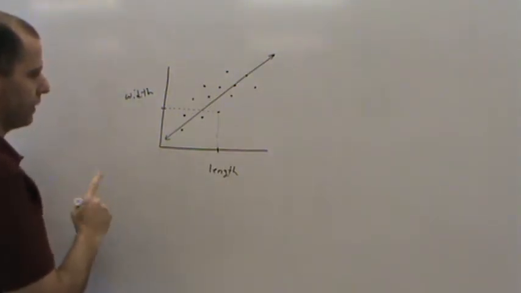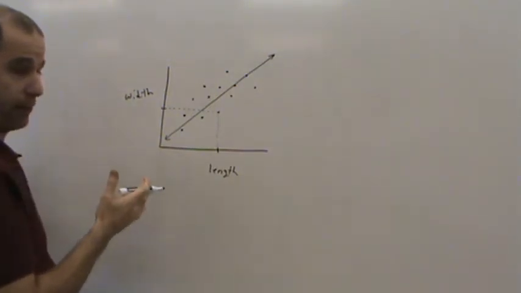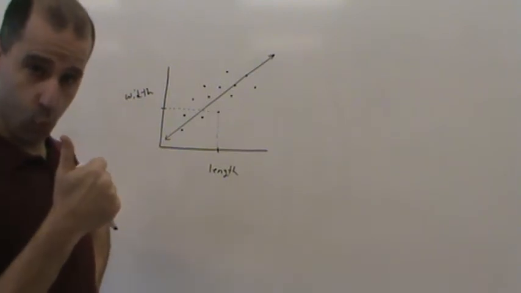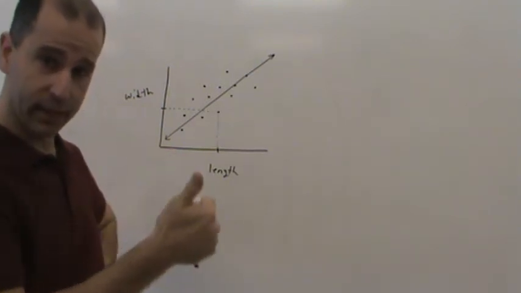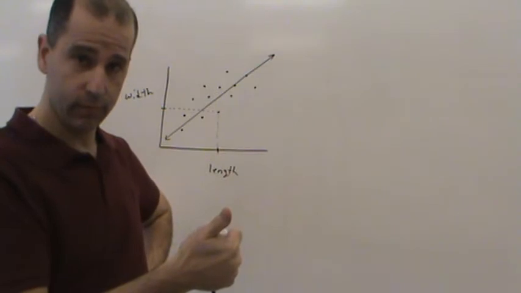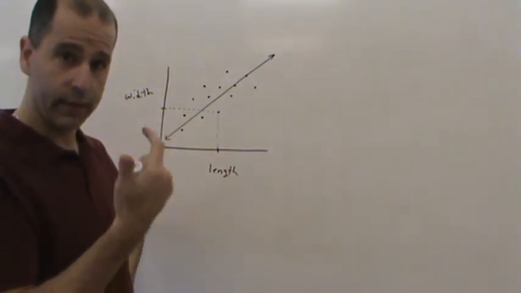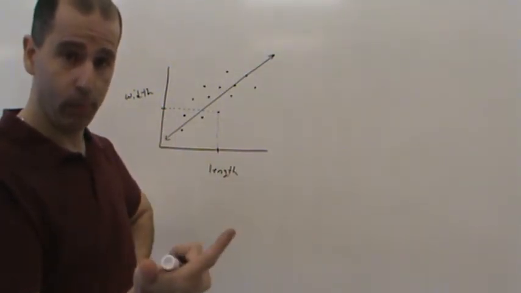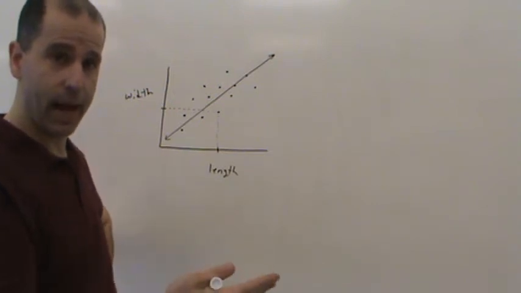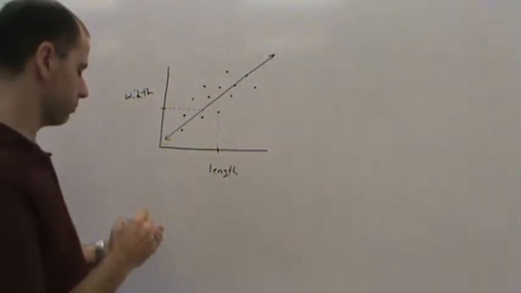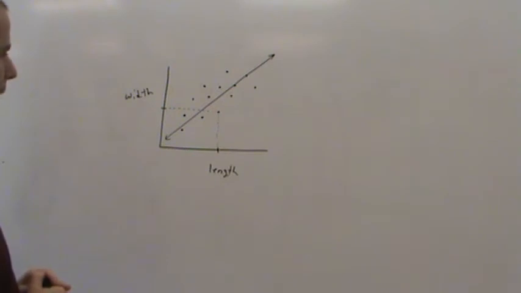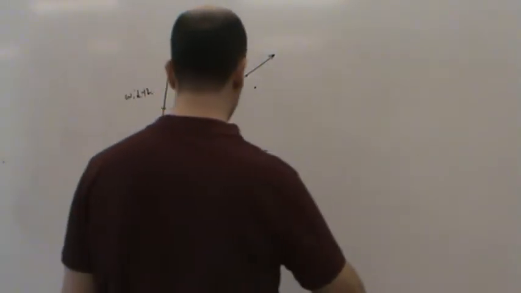So anytime we see something like this, we're going to try to figure out, okay, is it linear or is it nonlinear? Is it curved? Is it strong, weak, or moderate? And is it positive or negative? Okay, so based on a scatter plot, you can get different scatter plots. So here are the different things.